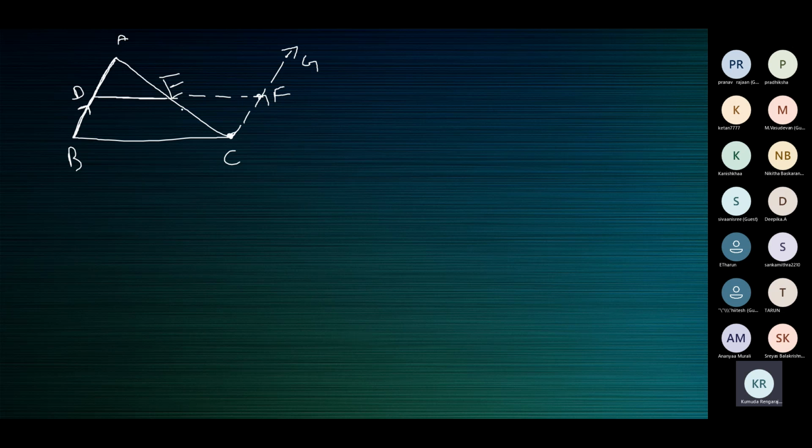Now, what are we trying to prove? We're trying to prove that DE is parallel to BC and DE is equal to half of BC. These results can be got by proving that DBCF is a parallelogram.